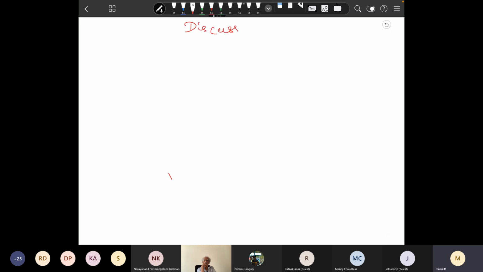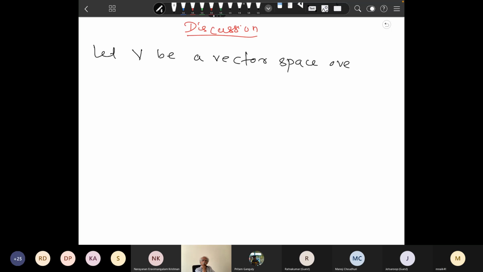Okay. So we want to discuss why this complex structure is important. Let V be a vector space over C. Certainly, V is also a vector space over R. To distinguish that, I denote it by V^R.